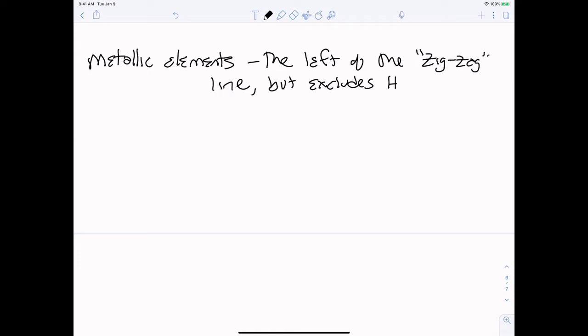And metallic elements are just that, they're metals. So they have all the properties that you would expect a metal to have. So you can bend them, shape them, they're good conductors of heat and electricity, that sort of thing. Our non-metallic elements are non-metals.